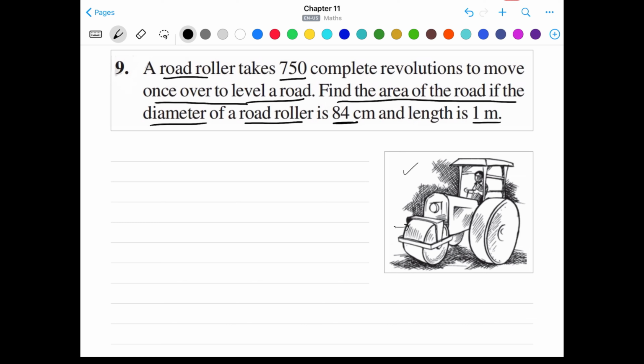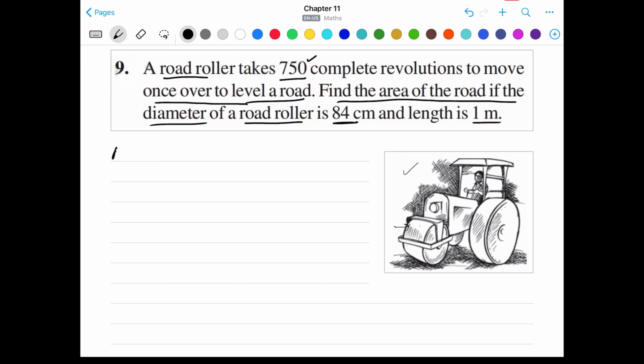By using that we can find the curved surface area of this cylindrical roller. Then we will multiply that curved surface area by the number of revolutions it takes to cover the road, that is 750, and we'll get the area of the road.